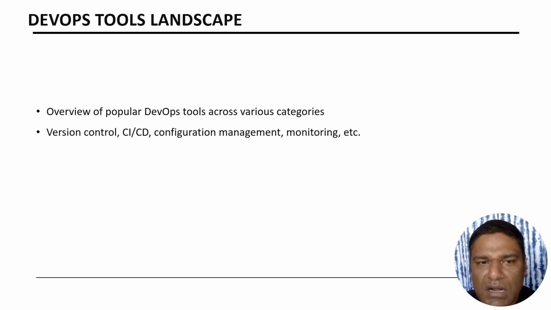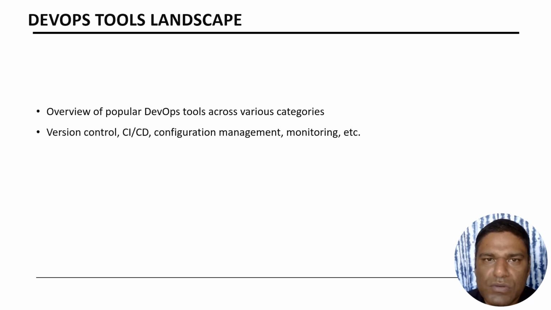Next comes the DevOps tools landscape. So what are the different tools we can use in DevOps? We know a few tools, like the CI/CD tools, IaC tools, then container and container orchestration tools.